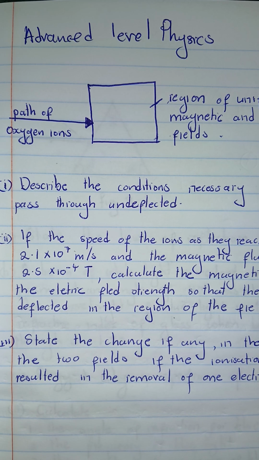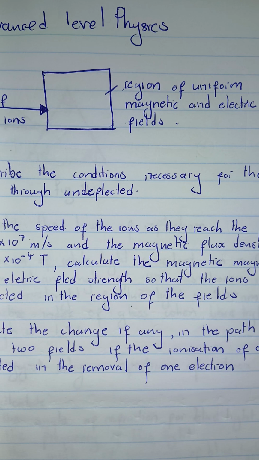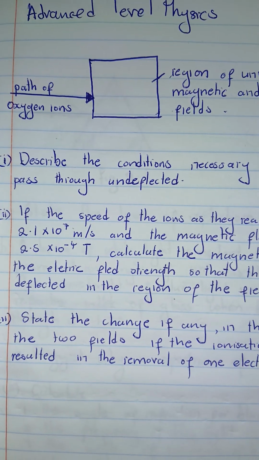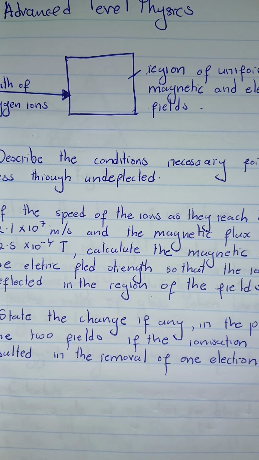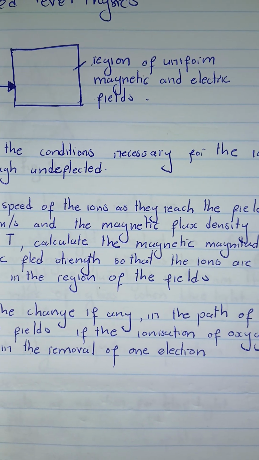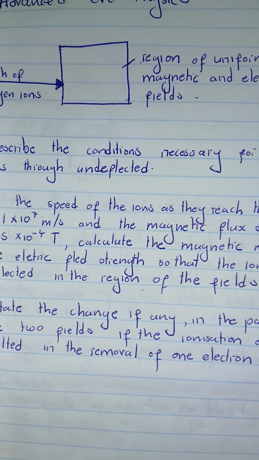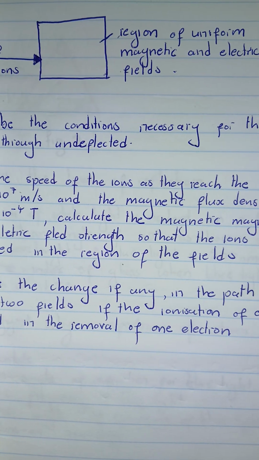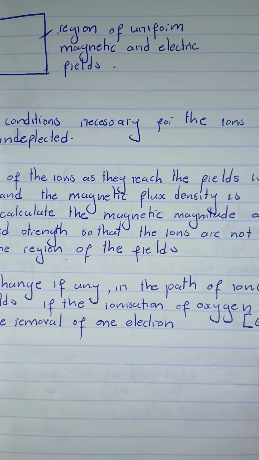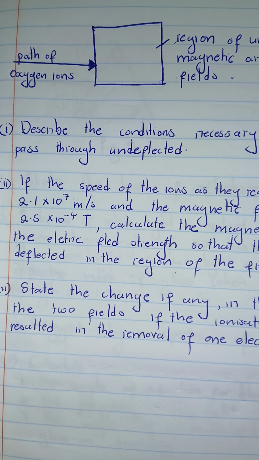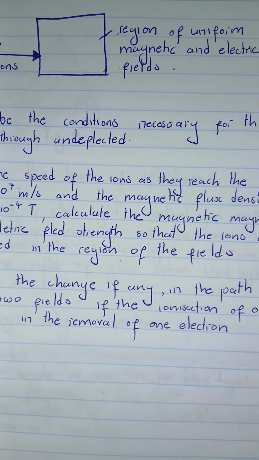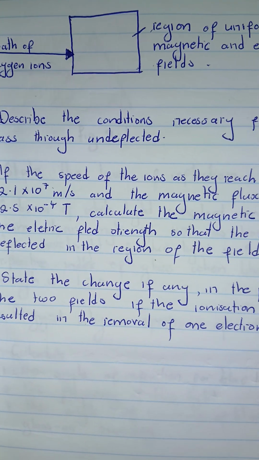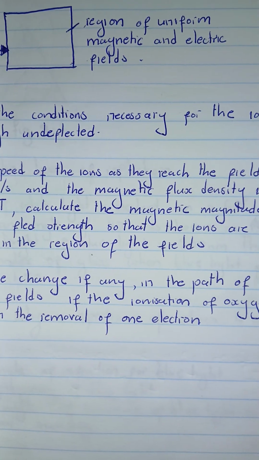If the speed of ions as they reach the fields is 2.1 times 10 to the power 7 meters per second, and the magnetic flux density is 2.5 times 10 to the power minus 4 T. Calculate the magnitude of the electric field strength so that the ions are not deflected in the region of the fields.